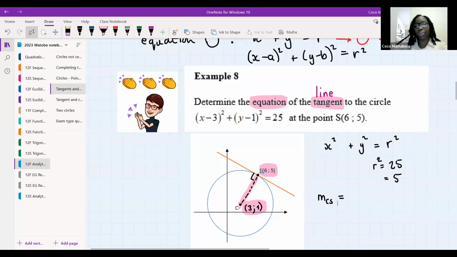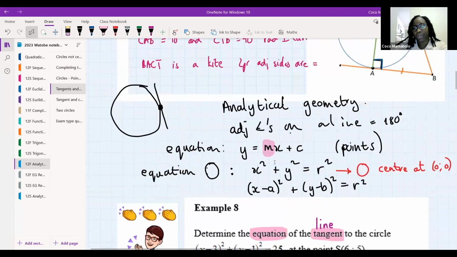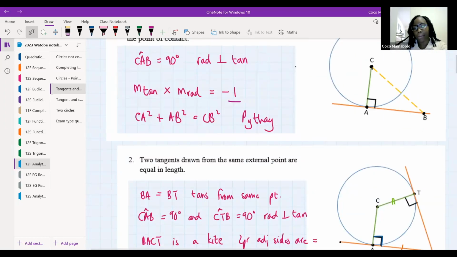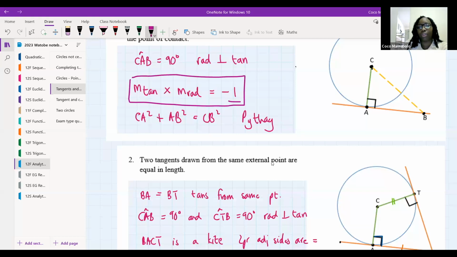What do we remember? I can quickly refresh your memory. Let me go up a little bit and see if anybody sees it. Okay, we would multiply. Yes, we would. If we multiply, what are we multiplying it with? All right, we're going to multiply to get -1, because we know that the gradient of our tangent multiplied by the gradient of our radius is equal to -1.